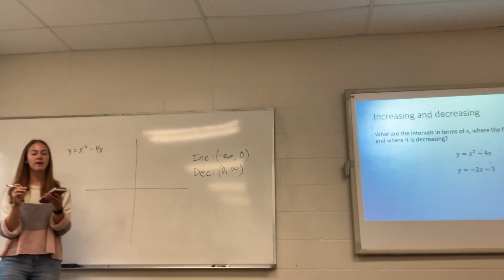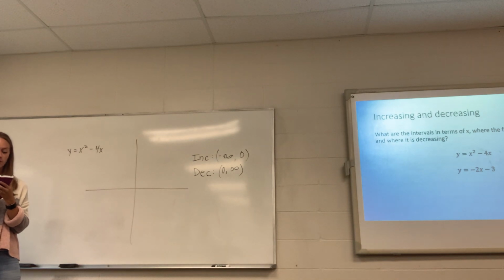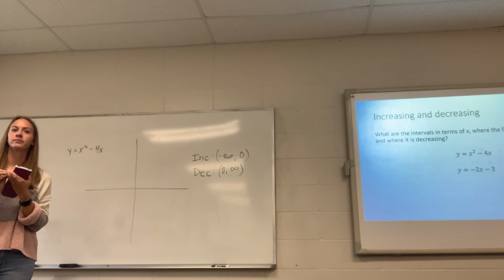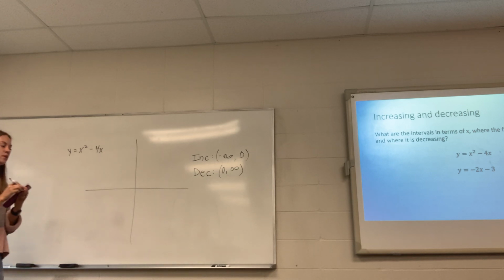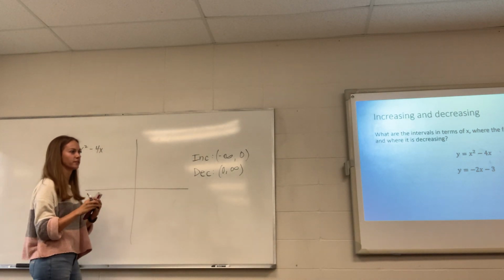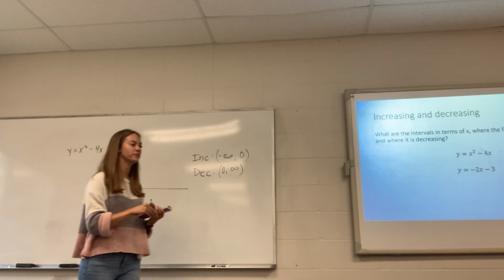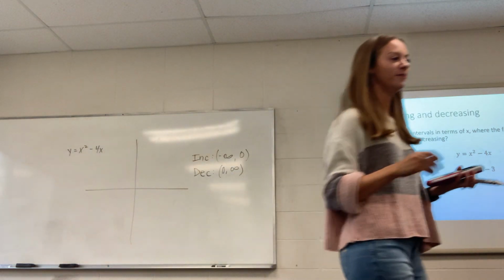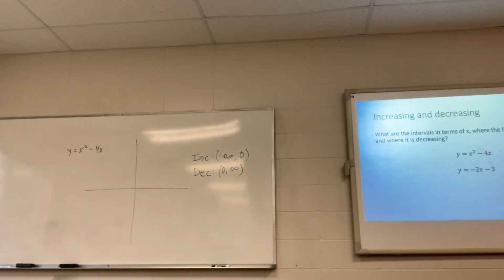So the graph of this one, where does it look like my x-intercepts are? Faith, what do you think? Where are my x-intercepts on that graph? Are you still typing it in? Yep, that's right. So, looks like we have one end.